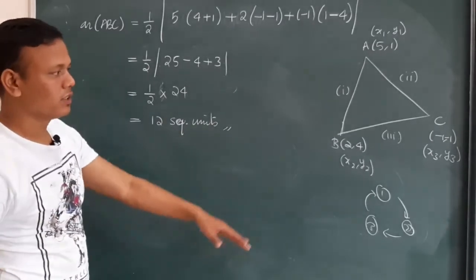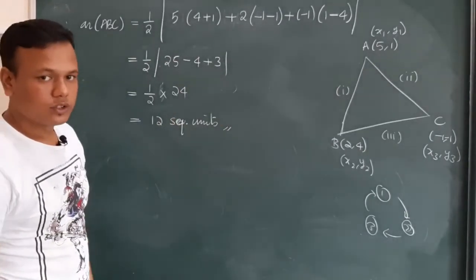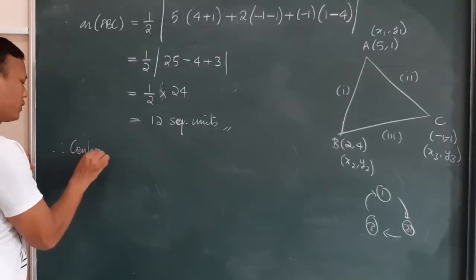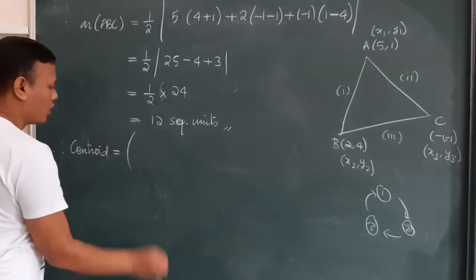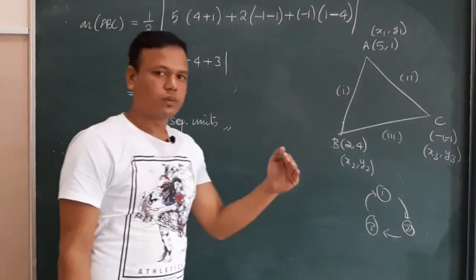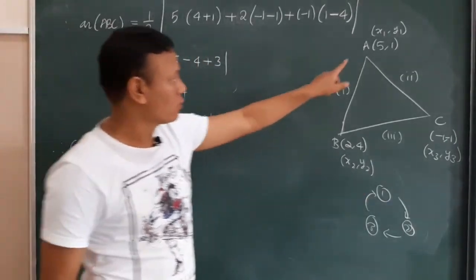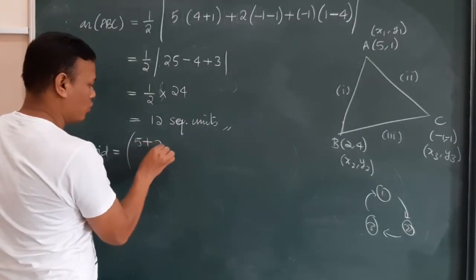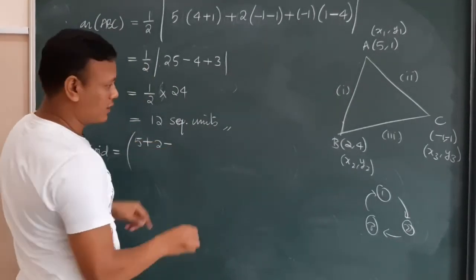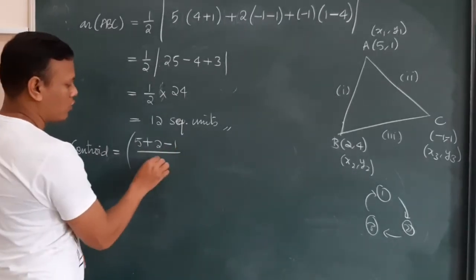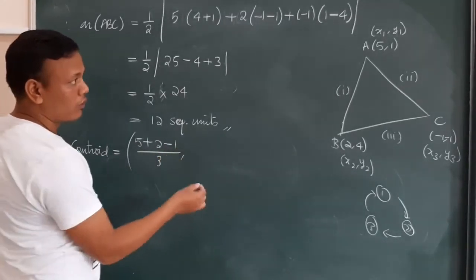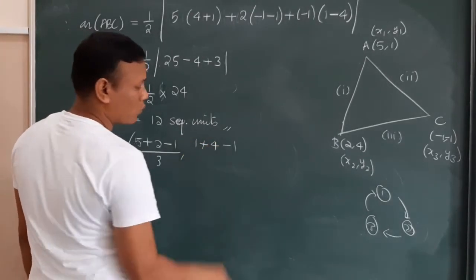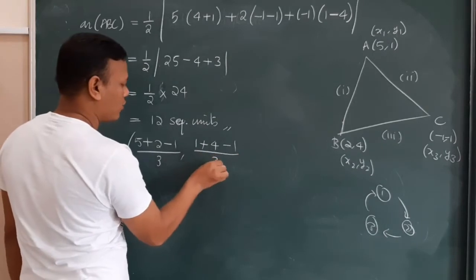Okay, and now the next part says find the centroid, and we know the formula of a centroid. Therefore the centroid will be equal to, you know the formula is x1 plus x2 plus x3 whole divided by 3, right? So x1 is 5, so it is 5 plus x2 is 2 plus x3 is minus 1, whole divided by 3, and y1 that is 1 plus y2 plus y3, divided by 3.